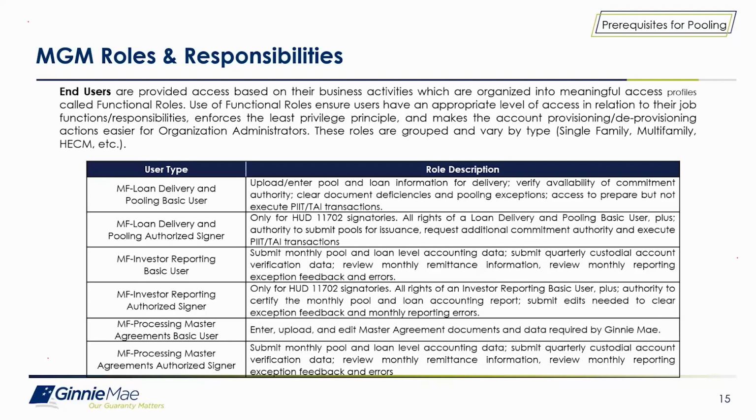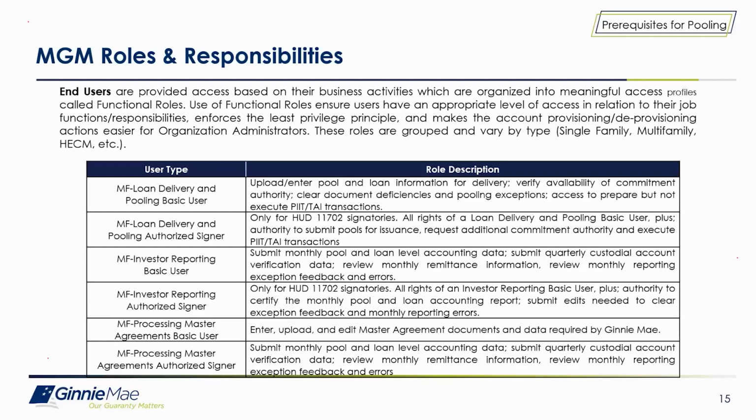Then you have the MF investor reporting basic user, and the same thing for the authorized signer. And they have the MF processing master agreement basic user and the processing master agreement authorized signer. These are just some of the examples we have here for you. So org admin, if you have basic users, you don't need to give them the authorized signer.